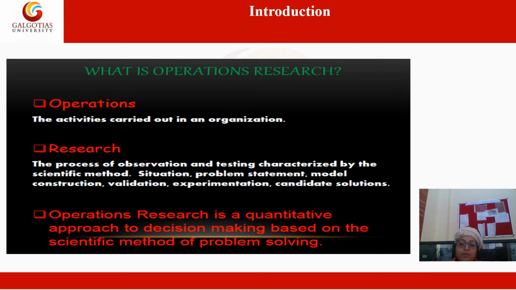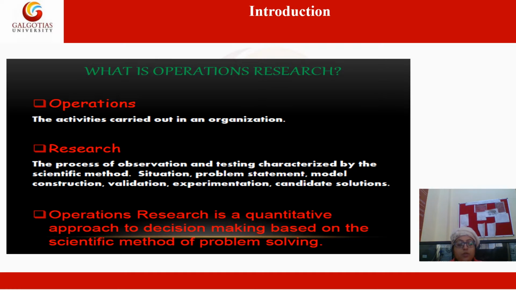The scientific manner involves intensive use of mathematical representations or models of real life situations. These representations allow the use of mathematical techniques to arrive at optimal and near optimal decisions.